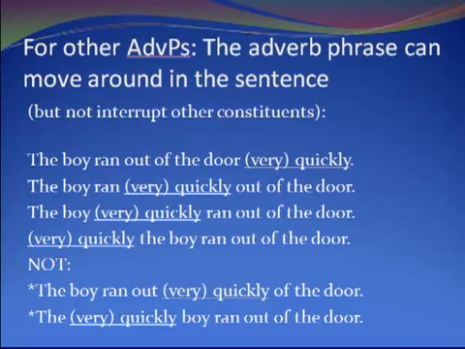And similarly, you can't say the very quickly boy ran out of the door, because the boy is a noun phrase, and the adverb phrase can't interrupt that noun phrase. But other than that, you can try moving the adverb phrase around the sentence to see whether you're actually dealing with an adverb phrase. And that's called a movement test.